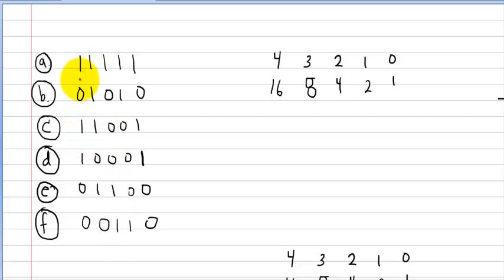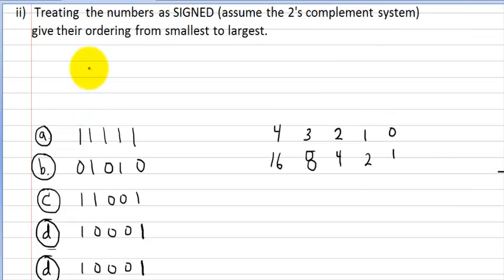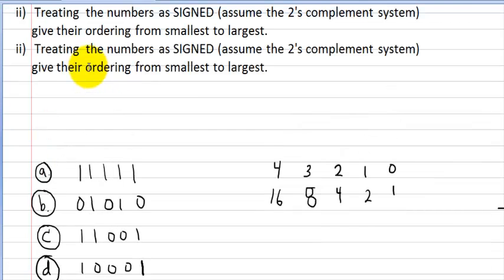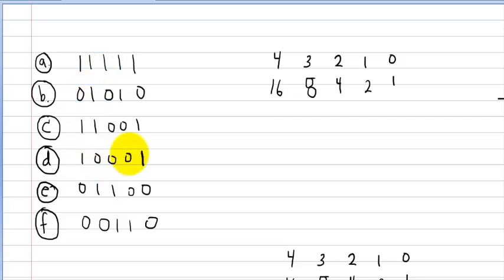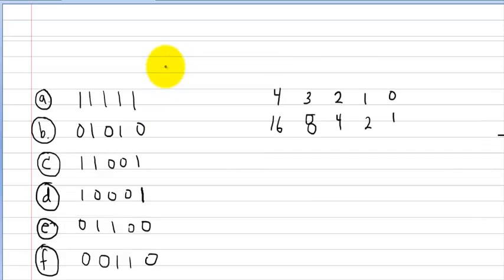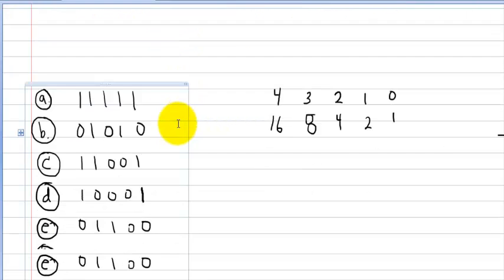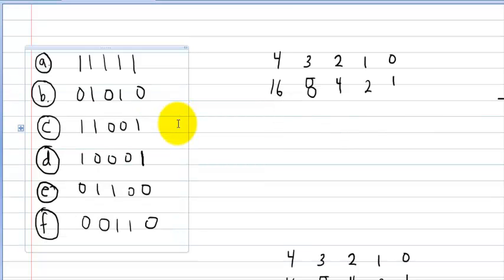Then put them in order from A to F, from largest to smallest. The second time through, you treat these as signed binary numbers using 2's complement. Figure out the value of each one, write it down next to it, and order them from smallest to largest. I'll put the answer at the bottom of this.